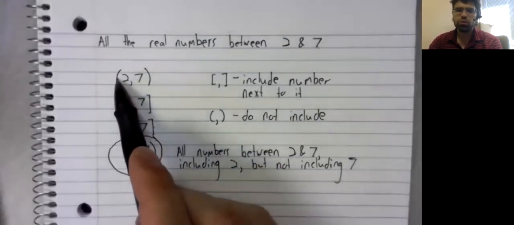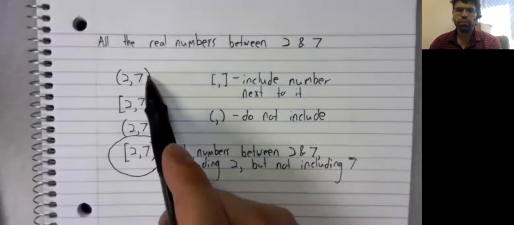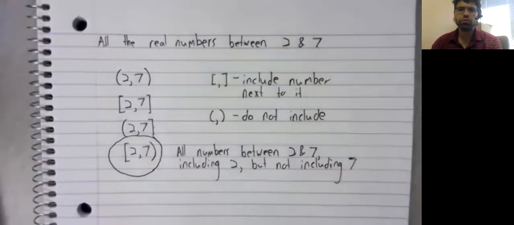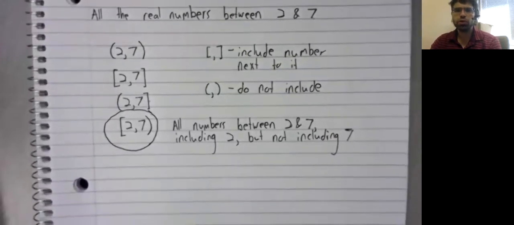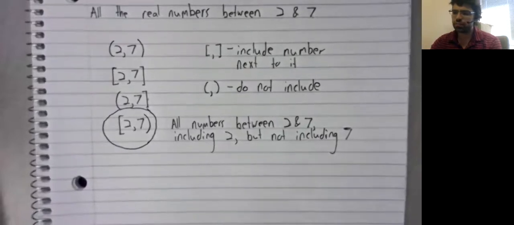All the numbers between 2 and 7, not including 2 and not including 7. And that's the basics of interval notation.